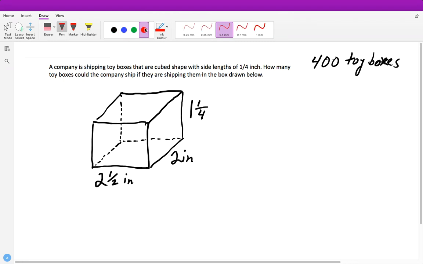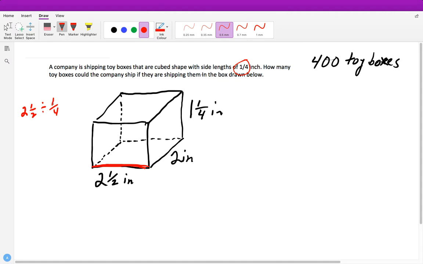All right, so the way that I suggest that you do this is you always look at each of your sides, and instead of them written in inches, let's look at them in terms of how many boxes we can fit. So if we have 2.5 inches here, and each box is 1/4 of an inch, we can do 2.5 divided by 1/4, because anytime we're trying to see how many make up this part, we can use division.